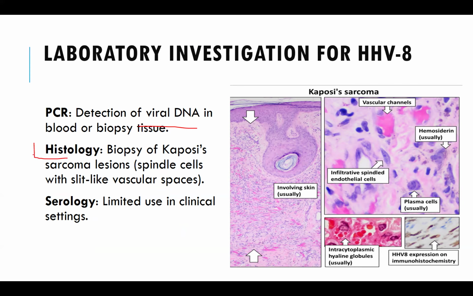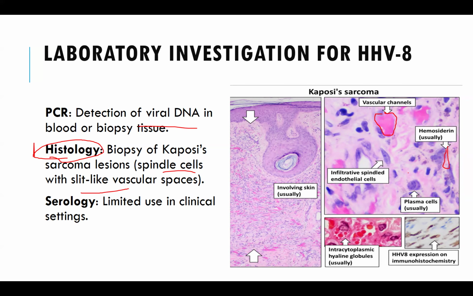When you're detecting this virus, we can do viral DNA testing after taking a tissue biopsy. For histology, you can take a sample and stain it using H&E, and then you'll see these spindle cells with very many slits, which show vascular spaces. As you can see here, this is a blood vessel on H&E surrounded by endothelial cells, and then this is hemosiderin, because this is a vascular tumor.